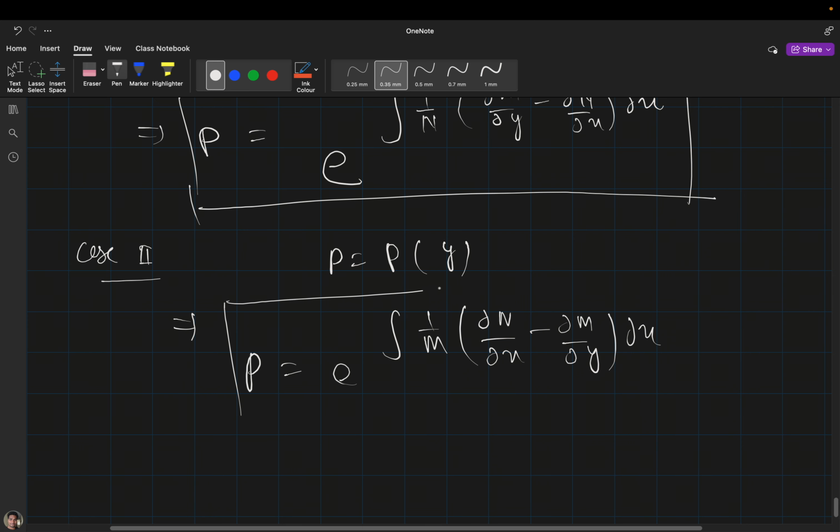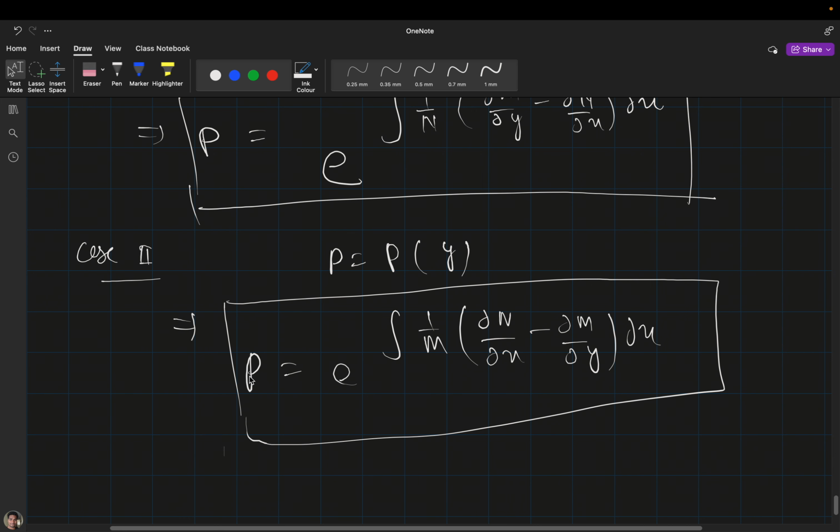This is the situation when P will be a function of y. There is another situation when P is a function of x and y, but that is out of your scope, so I will not discuss that.